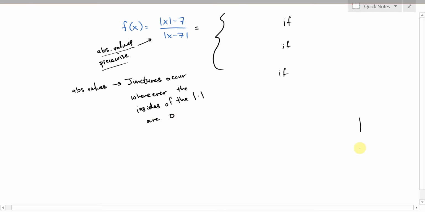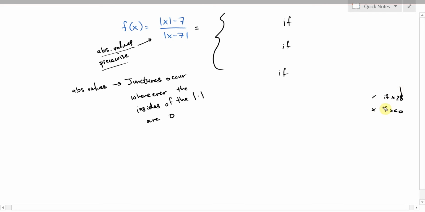For the absolute value function itself, it looks like this. It's equal to x for x bigger than or equal to 0. It's equal to negative x for x less than 0. So the juncture for the original absolute value sign occurs when x equals 0.